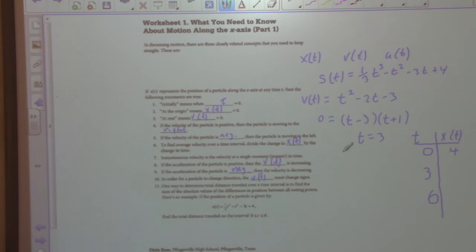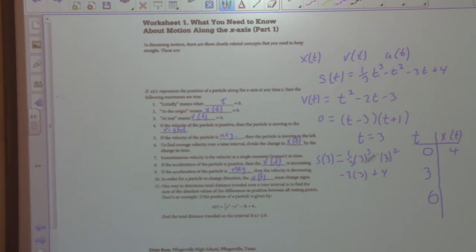And what number do we test next? 3. So we're going to find s of 3, which is equal to 1/3 times 3 cubed minus 3 squared minus 3 times 3 and then plus 4.